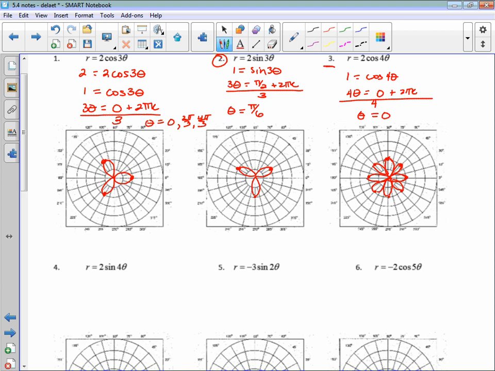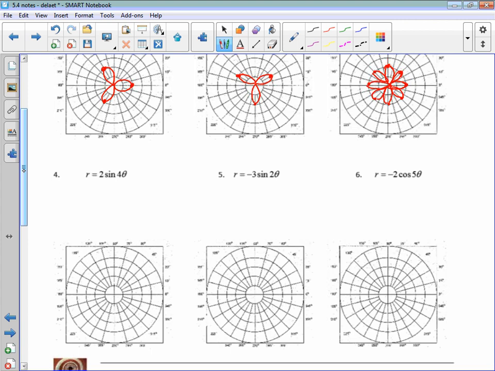It's still symmetric to the y-axis and the x-axis, but you don't have a petal going right on the axis formerly known as the x-axis. Okay? Questions?